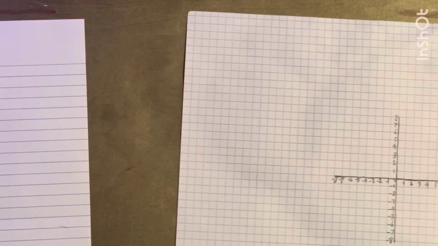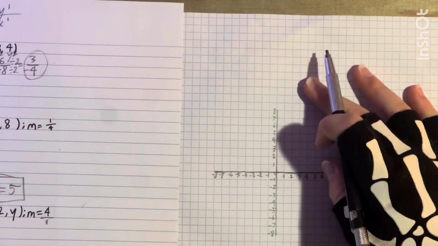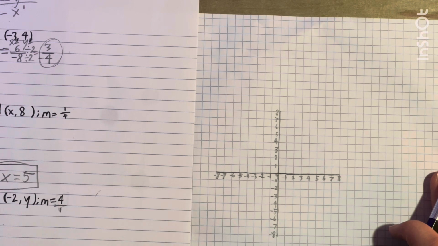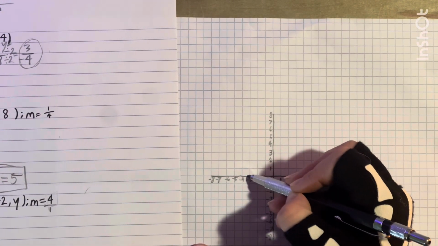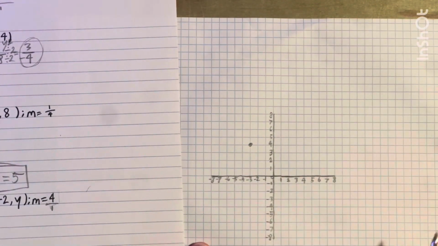Now for the last one, this one is a whole number, but it will be just as simple. So negative 3, 4, and negative 2, y, which is 8. So negative 3, 4, right there.